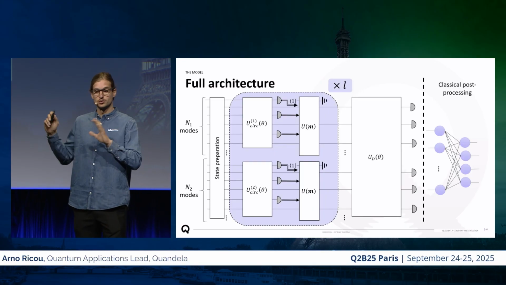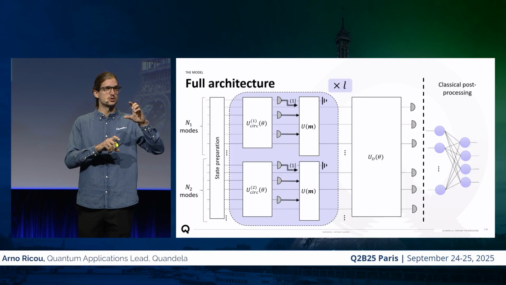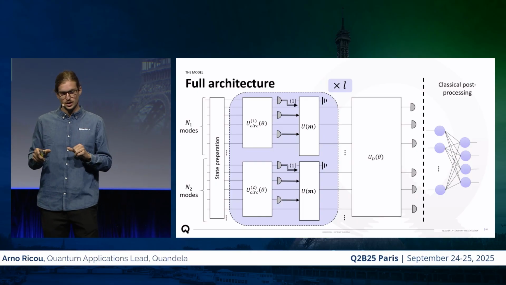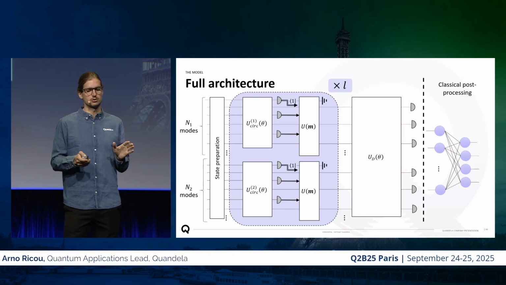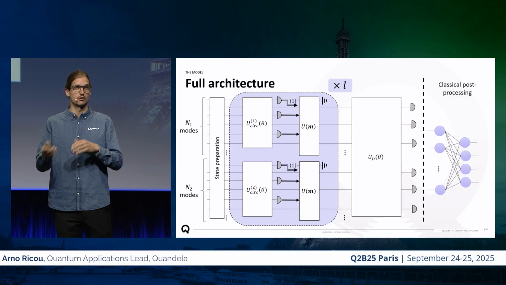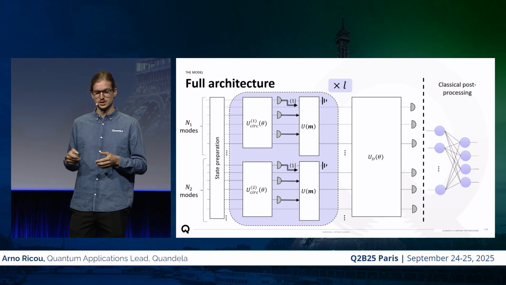And here you have the full process. So we start with our N1 plus N2 modes, which represent the dimension of the original image, and then we prepare the state we want. This we assume we know how to do. And afterwards we have a repetition of the convolutional layer, which is the circulant matrix, which we introduced in this work.